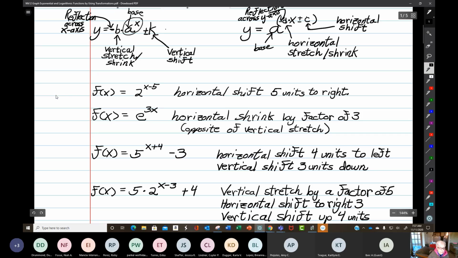Well, the basic function is y equals 2 to the x. And here it's being changed to f of x equals 2 to the x minus 5. We can even put that in parentheses if we want.